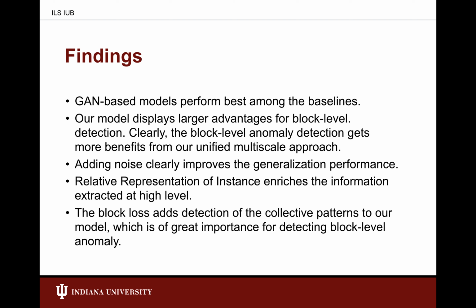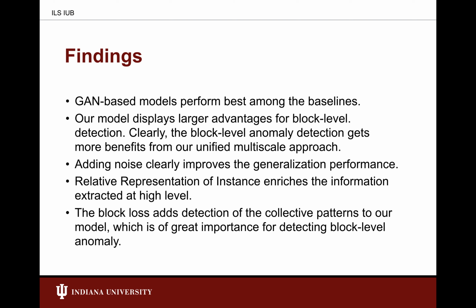Some other findings from the previous tables are summarized here. First, the GAN-based baseline models perform best among all the rest of the baselines. Second, our model displays larger advantages for block level detection. Clearly, the block level anomaly detection gets more benefit from our unified multi-scale approach.